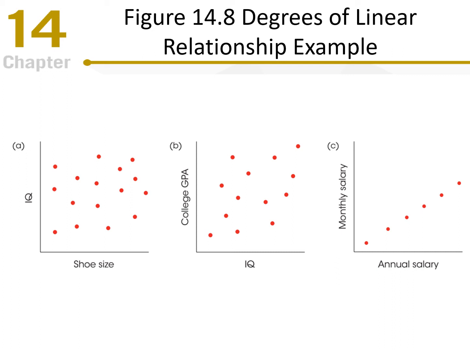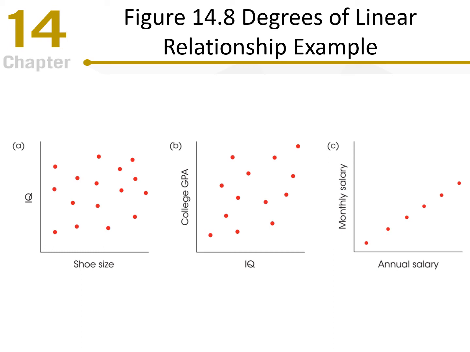So there's no relationship there, shoe size and IQ. If you look at college GPA and IQ, you see a positive relationship. It's, I guess, moderate. It's not very strong because there's a lot of spread. These dots are kind of spread out. But there's a clear positive relationship there.